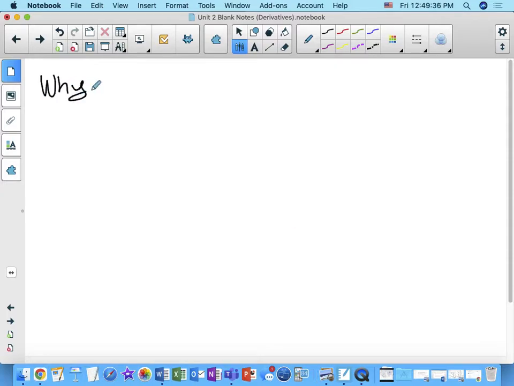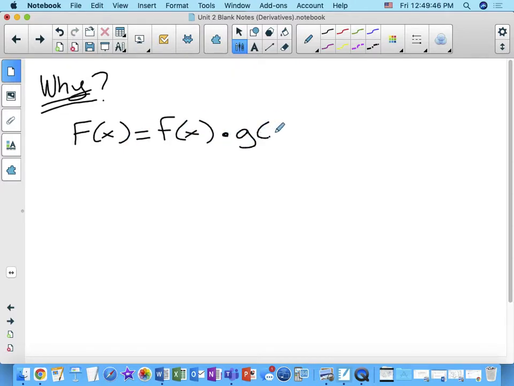So why? Well, if f of x equals f of x times g of x. You know what? I'm changing my mind. I'm going to use a different letter here. Is that okay? Because I don't want to confuse things.